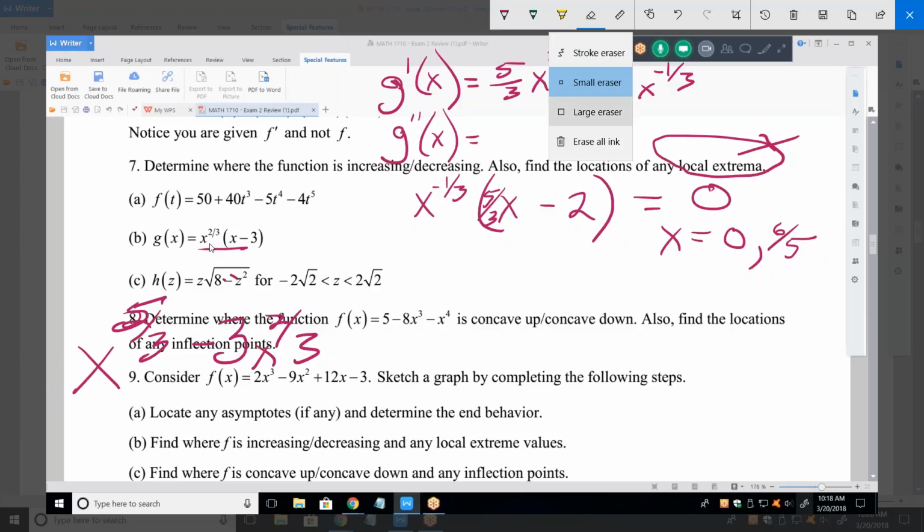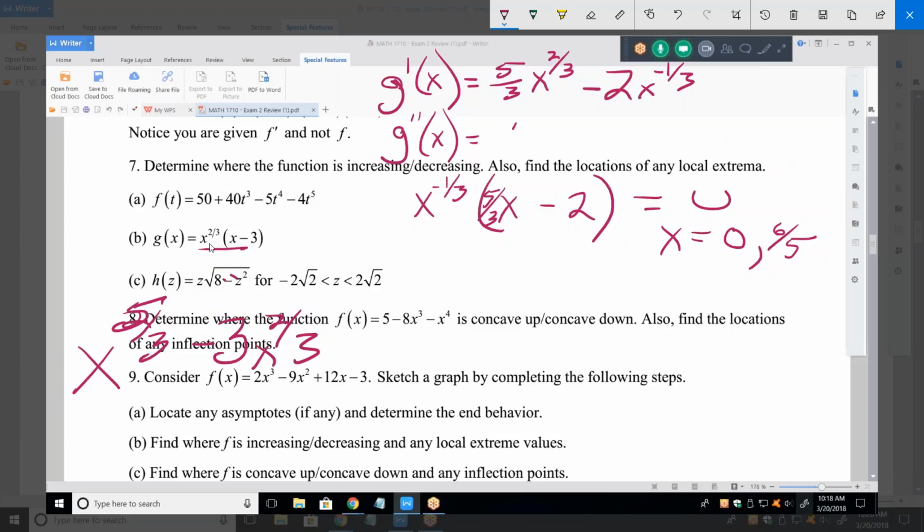And now let's take the derivative of that. So I have 2/3 times that. That's 10/9 x to the minus 1/3 plus 2/3 x to the minus 4/3.